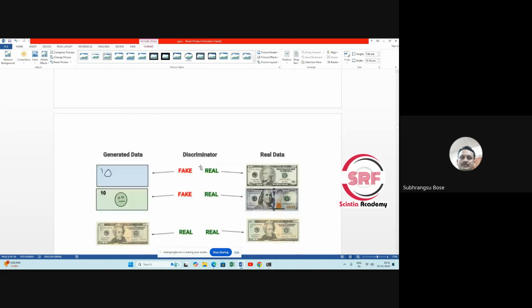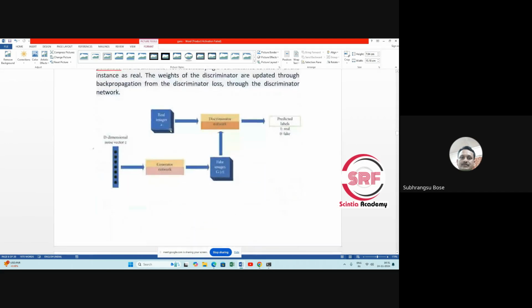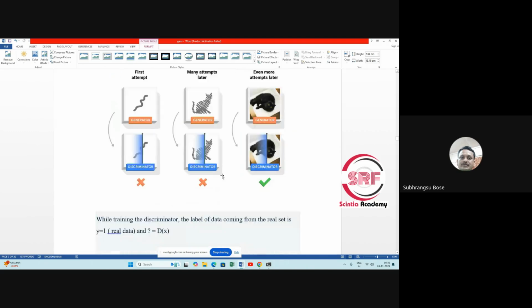Okay. Real image prediction trains the discriminator network, and fake image prediction by the discriminator trains the generator network. What is the generator loss? Just see.